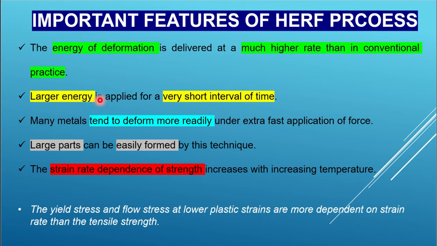And this large energy, half mv square, is applied for a very short interval of time. That is another feature. And many difficult to deform materials, that is some materials that are difficult to deform by conventional processes, can be deformed by this particular technique. And large parts also can be easily deformed.